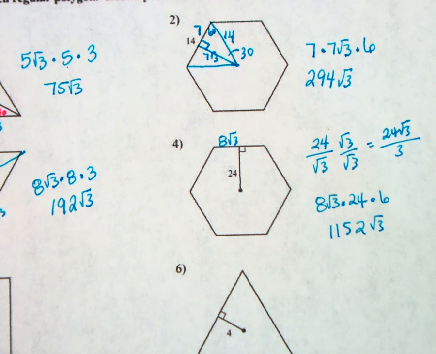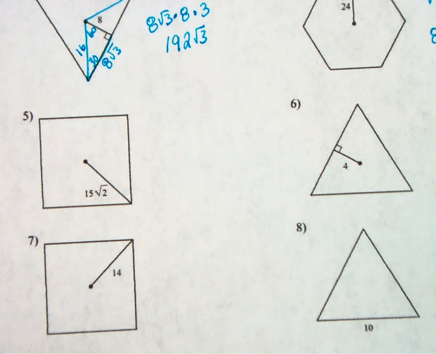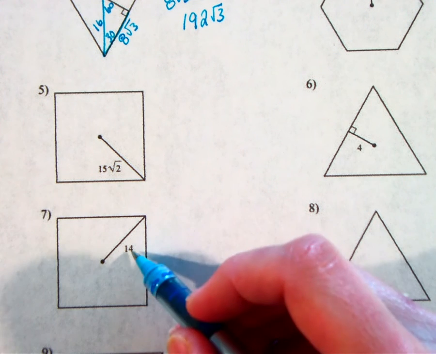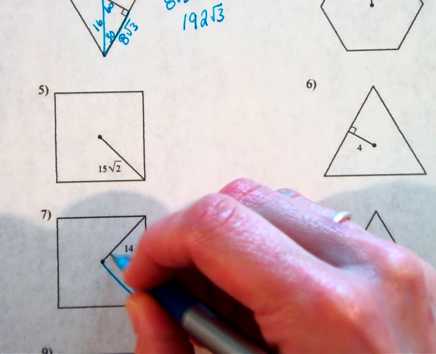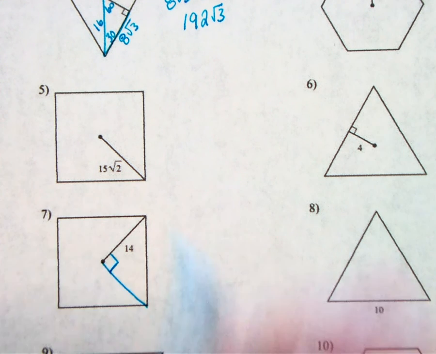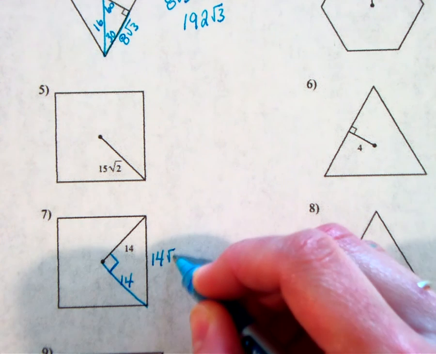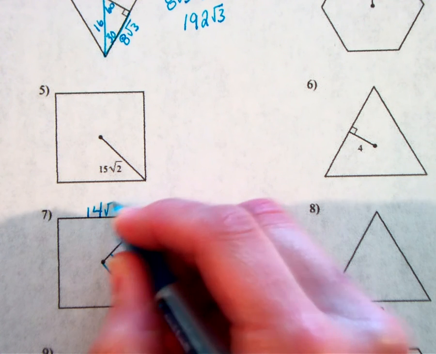So that's a quick tour of how special right triangles can come into play for special regular polygons for the 30, 60, 90s. There's one more, and it's the 45, 45, 90 that can show up inside of a square. And this can look in two different ways. If you're given a whole number right here, we can make a 45, 45, 90 this way. So then this would be 14, this would be 14, and my side length would be 14 radical 2, which would make my other side length 14 radical 2.